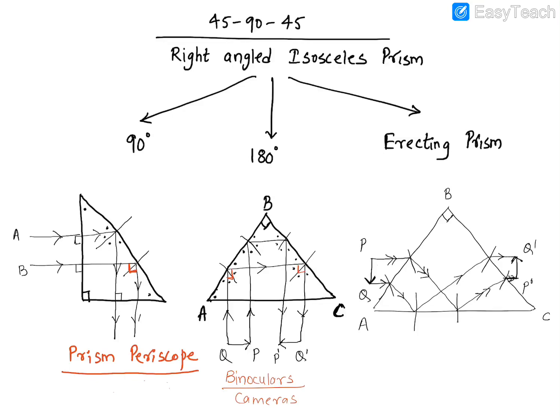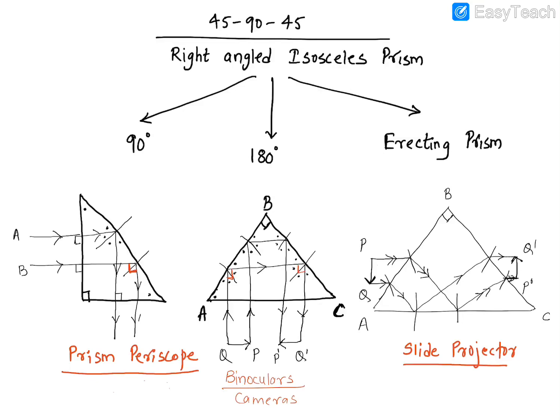Clear? So this erecting prism is basically used in slide projectors. The projector is basically what your school used to use earlier, OHPs. I don't know if you have ever seen them, overhead projectors, before all these smart boards were there. So they are used in slide projectors, basically to make the image again what? Upside down. So that's why they use it in a slide projector. So these are the three uses which you will have to learn by heart.